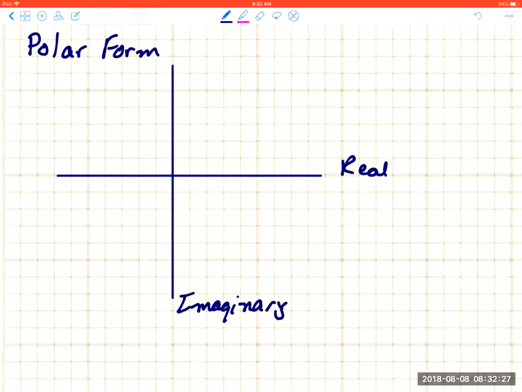Now think back to the beginning of this chapter when we talked about our unit circle. You might be able to figure out where I'm going with this. So let's think about a point on this plane.